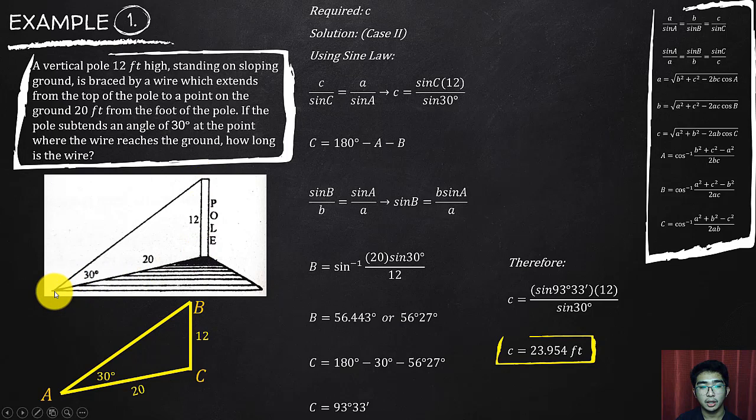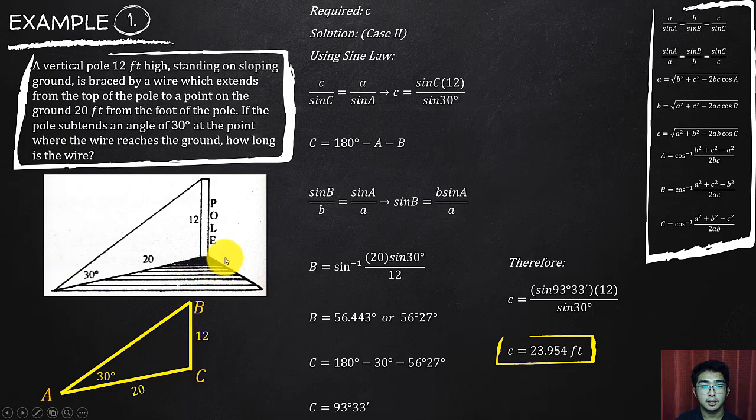Imagine the rotation starting from here, the inclined ground, and then looking up and sweeping up to the top of the pole. So this angle of 30 degrees is not from the horizontal, and because we don't have any idea what the inclination of the ground is, it's safe to say that this 30 degrees is between the wire and the inclined ground.